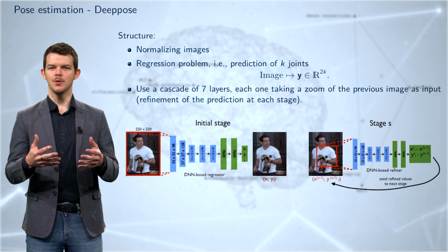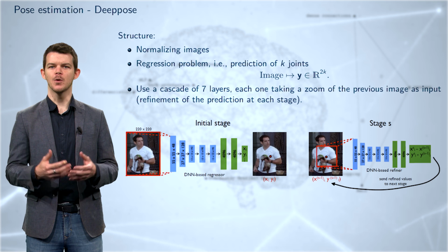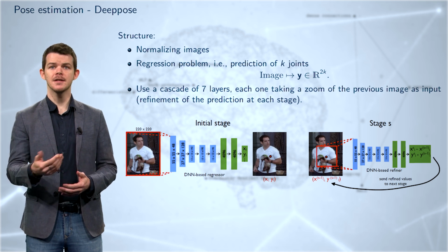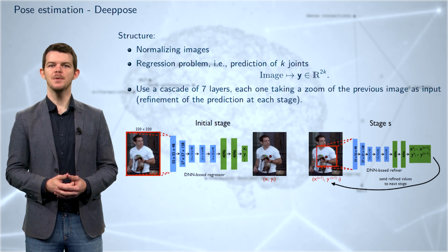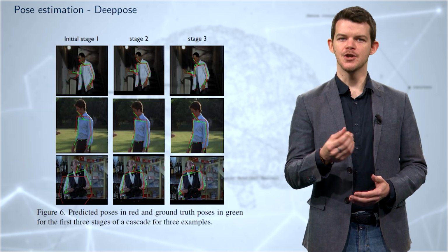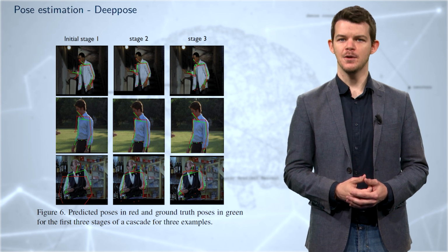These networks estimate the position of the body joints, and some cropped images are again extracted and fed to a similar CNN. This process can be repeated several times until convergence and results in a more precise estimation than a single CNN.